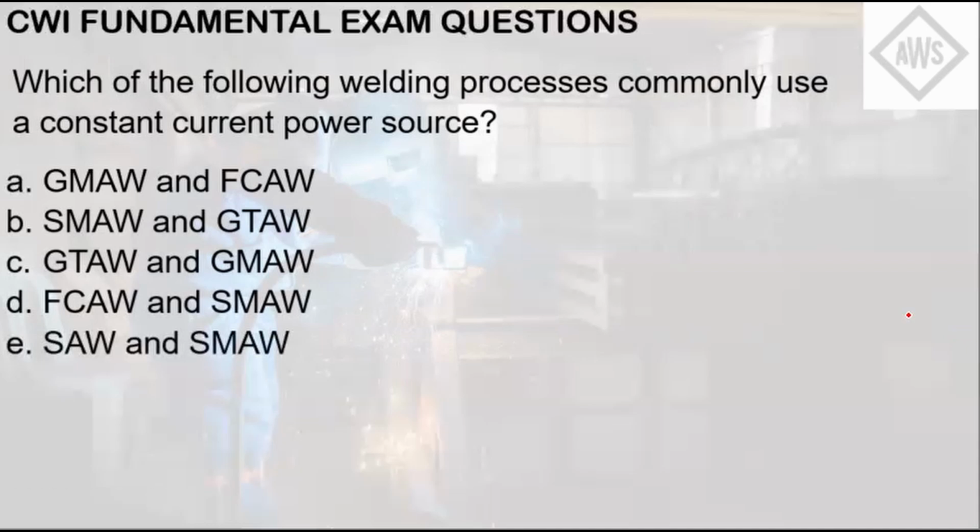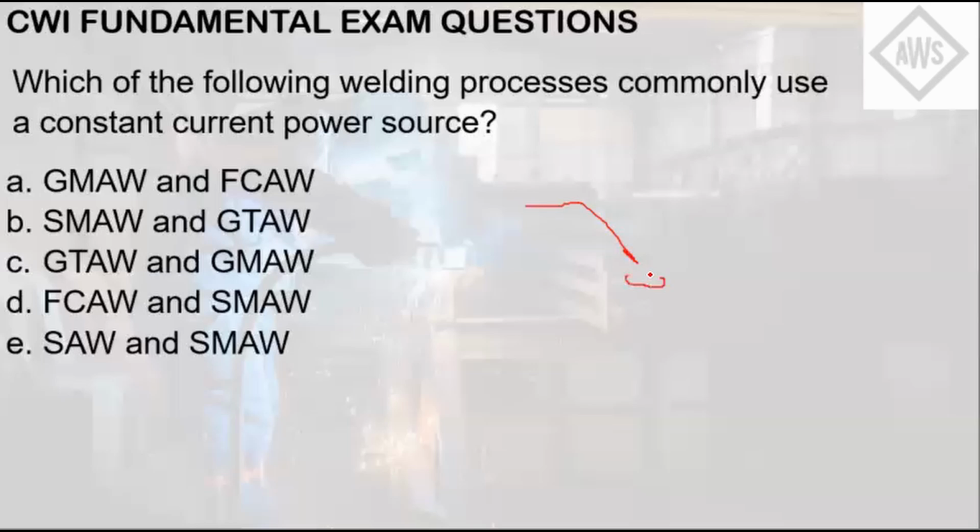So SMAW and GTAW are constant current power sources because a significant change in voltage in these processes can occur through a slight or very little change in the current. Since the heat input is a function of voltage, current, and arc length, the welder can control this heat input by controlling the arc length.